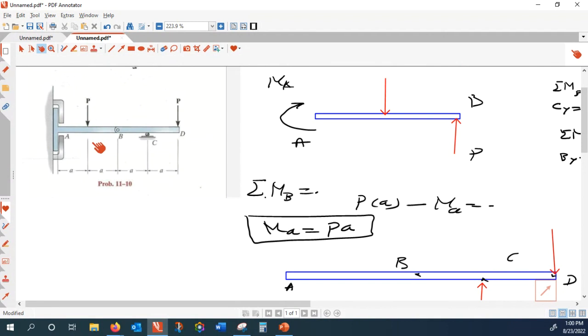If this is a beam, that's not a normal beam. It's a compound beam. This is like you have connected two beams together. But what is special about point B is point B cannot take any rotation. So you know that at point B, the bending moment is equal to 0.